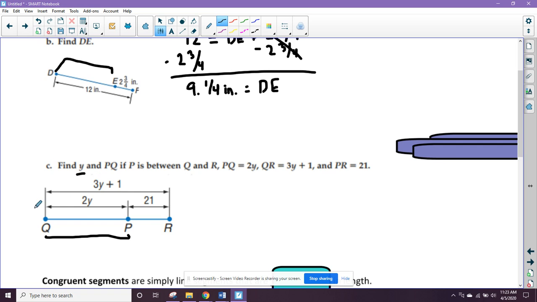So let's first just start off with finding Y. So we know PQ plus PR is going to give us the full length. So let's start there. So 2Y plus 21 equals our full length of 3Y plus 1.